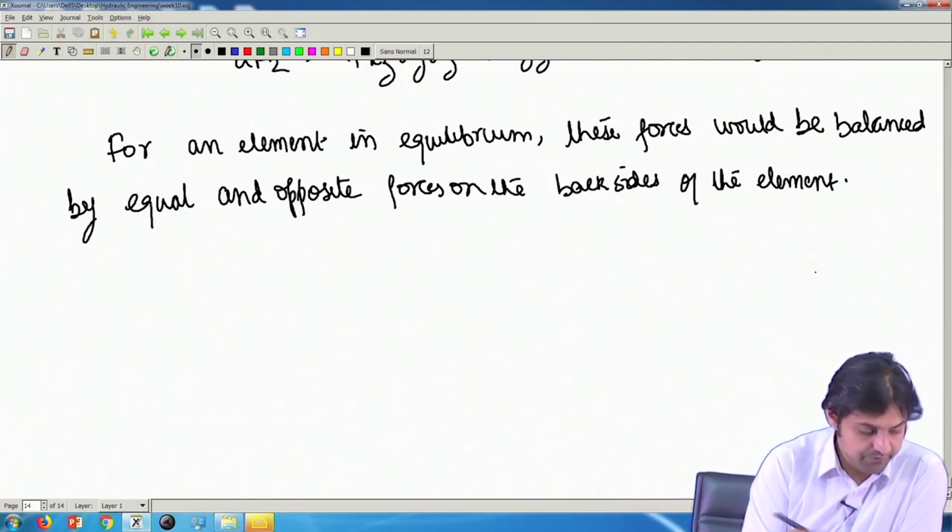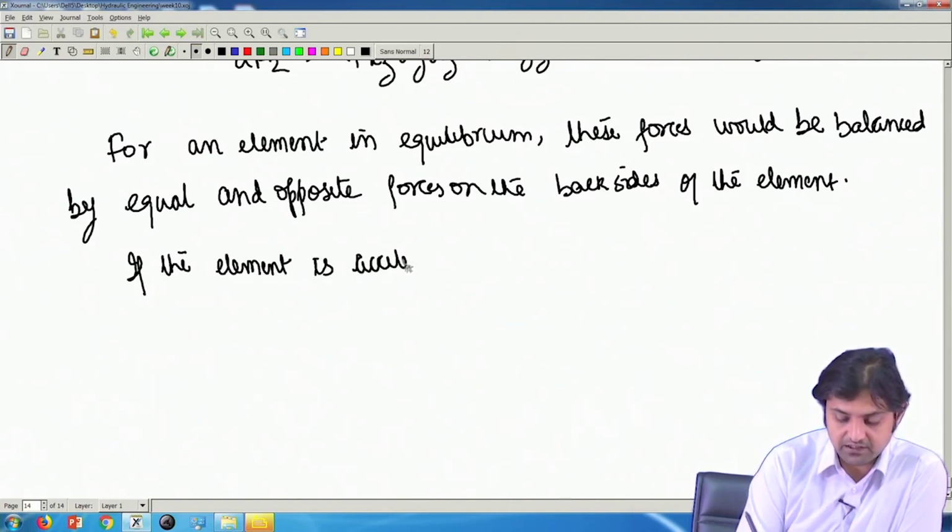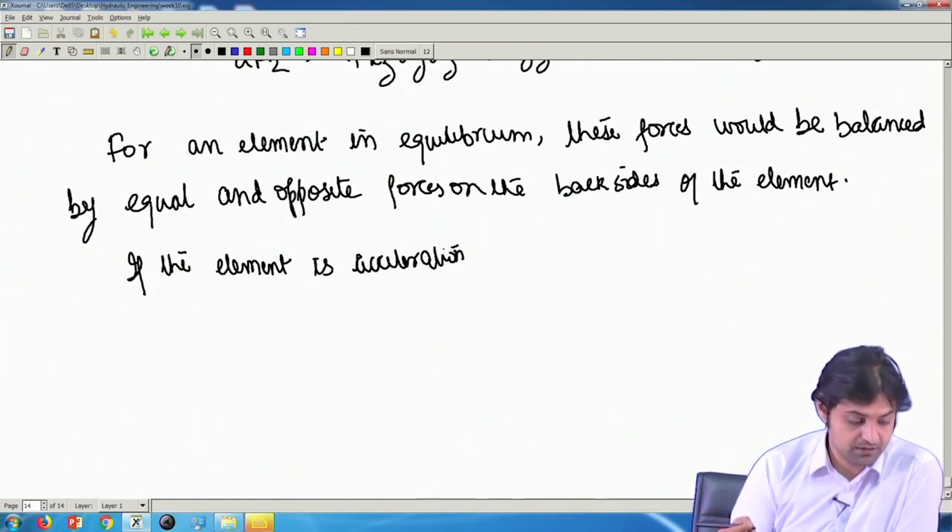Let's say, just assume the element is accelerating. So that means the forces are not balanced.